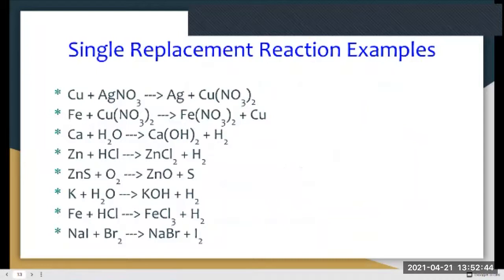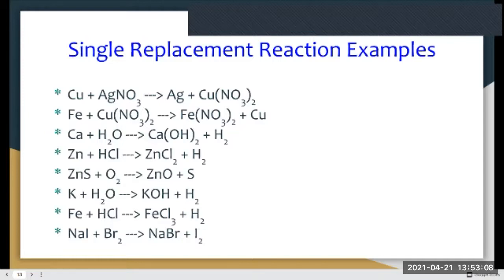Remember, I was talking about when you're switching with water, it can look funny. So here's calcium that was added to water. Well, it does do a replacement switch. It pulls out the hydroxide, because remember, water is two H's and 1 O, and OH is hydroxide, and that is your anion. So it pulls out the hydroxide and leaves hydrogen gas.